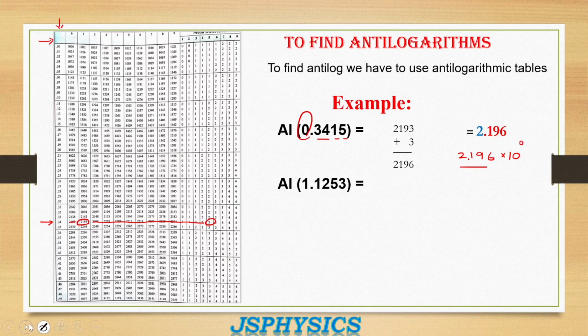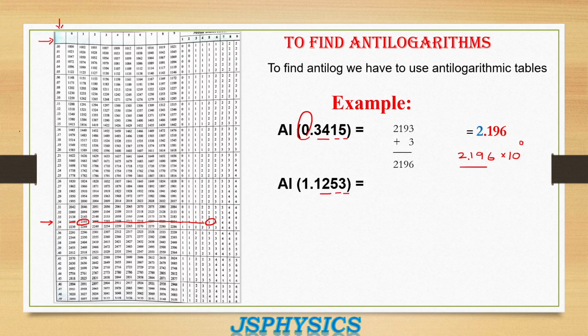Let us find the antilog of 1.1253. Now here we have to divide this number again into three groups, but only after the decimal point. So 12, 5 and 3.